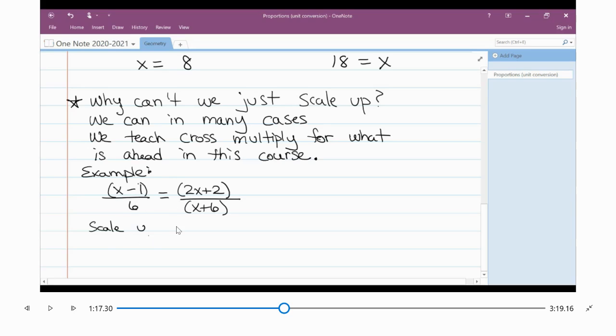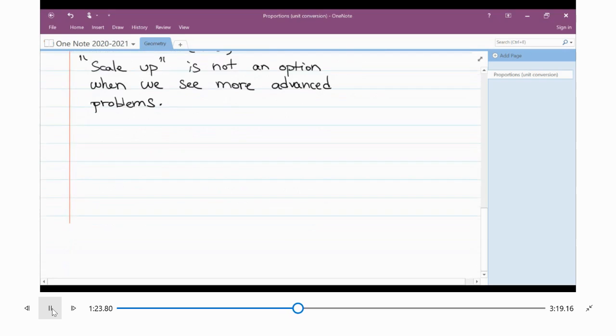You're not going to be able to scale up. You can't multiply by something to turn 6 into x plus 6. There's no factors here. So scaling up just won't work in a case like this. Okay. So that's what we're going to move towards, and that's why we teach cross multiply in this course.